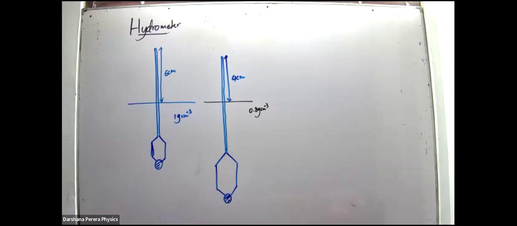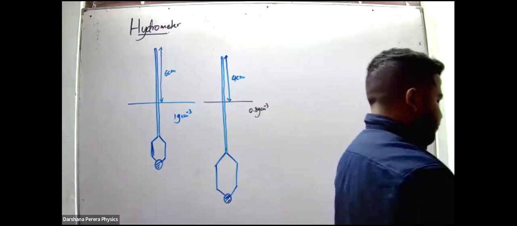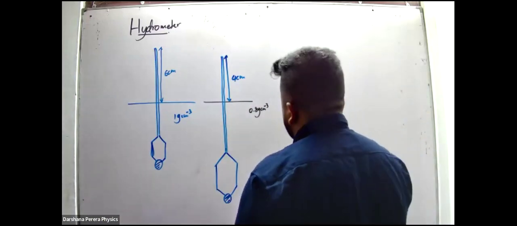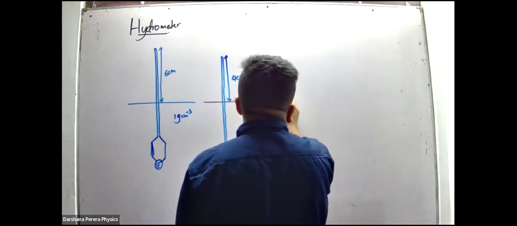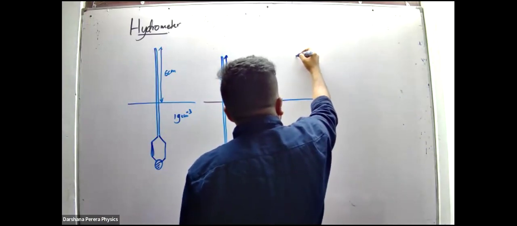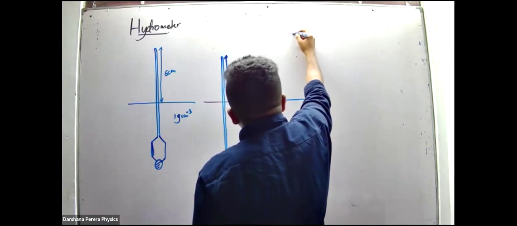What is the length not immersed in the calibrated stem when the hydrometer is placed in a liquid of density 0.9 g cm^-3?